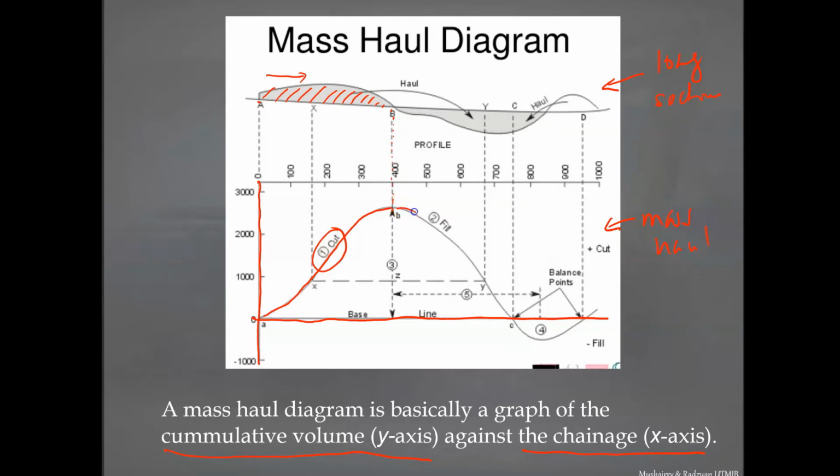When the graph goes down up to that point there, that's to show that area is fill, as shown on the figure up there.